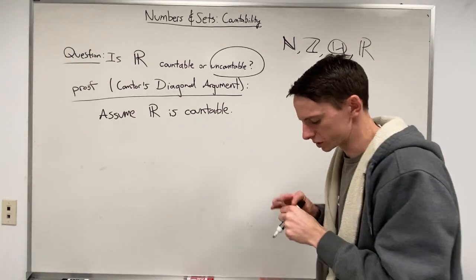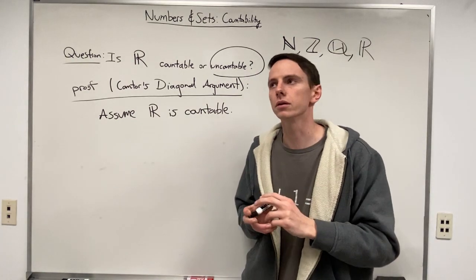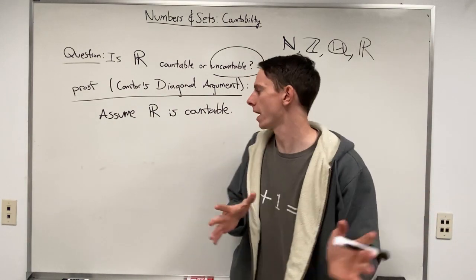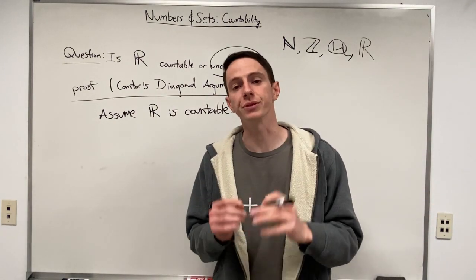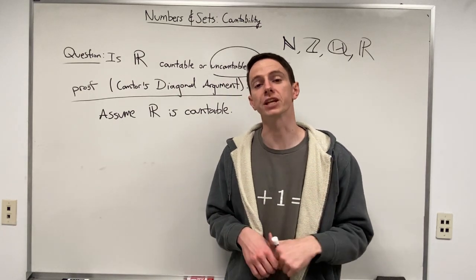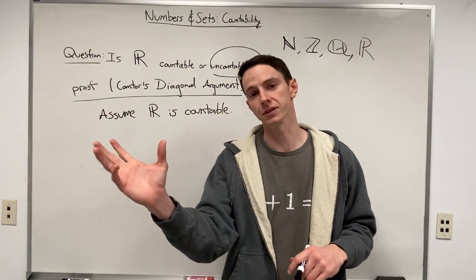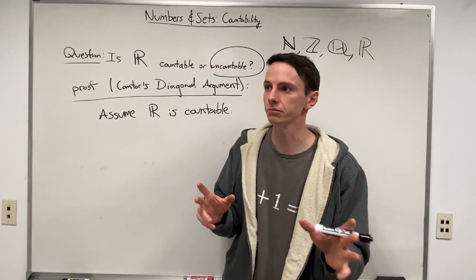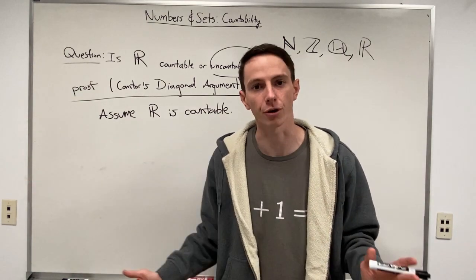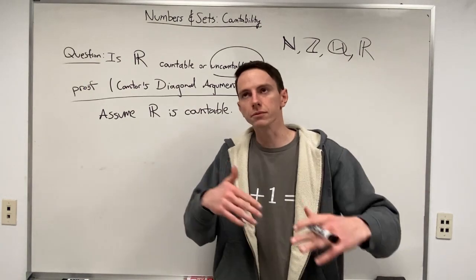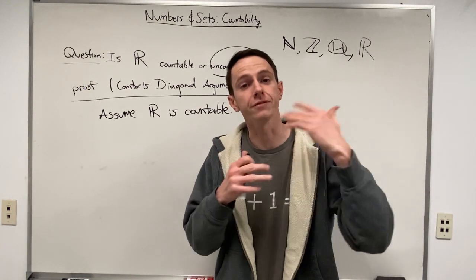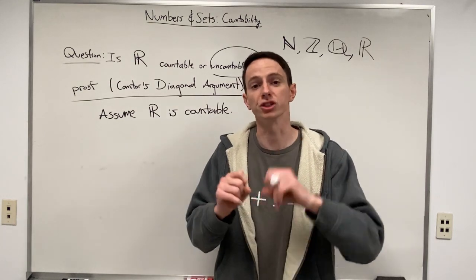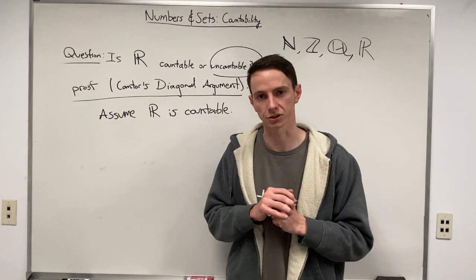Now, up until this point, we have shown rigorously that the definition of what it means to be countably infinite is that there is a bijection from the set to the natural numbers. And then we just said an uncountably infinite set didn't have that property. But we haven't done a whole lot with developing our intuition for what a countably infinite set versus an uncountably infinite set looks like.